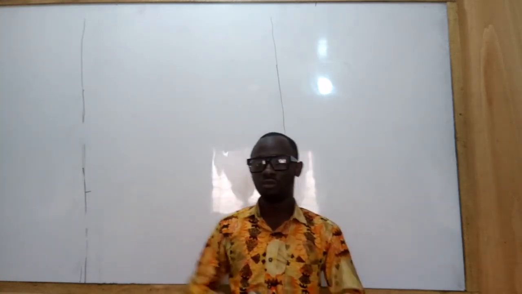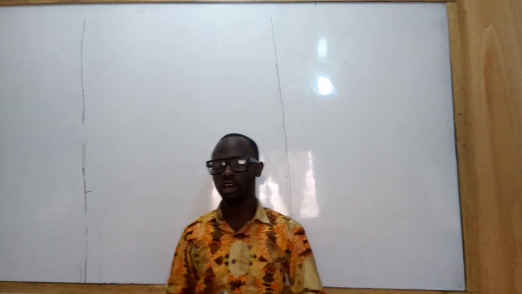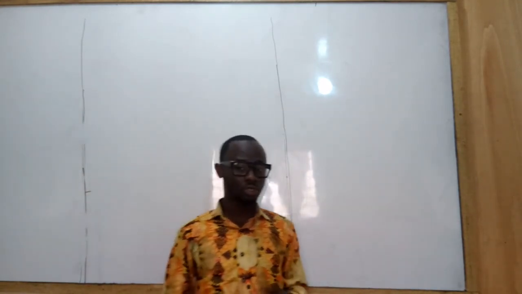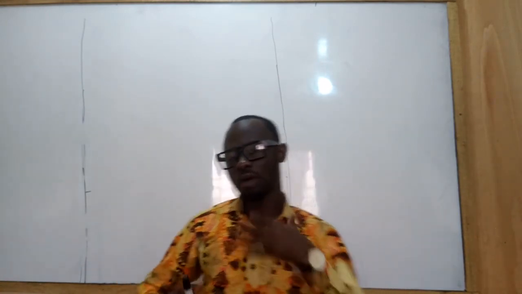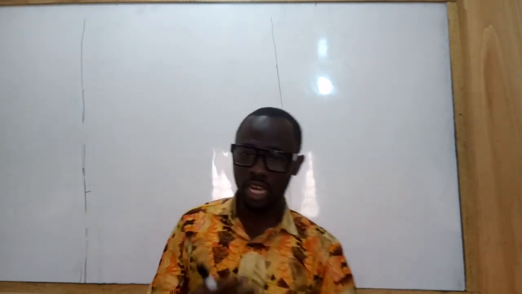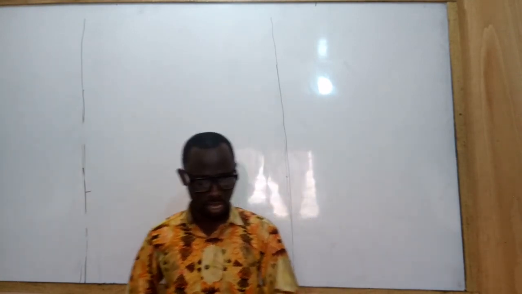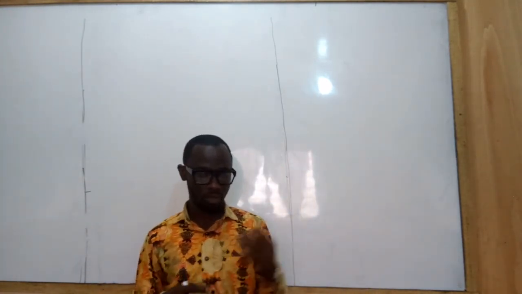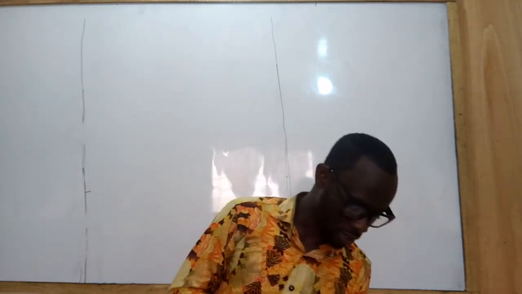From there you will take a full ICAG question and find out how we can calculate the corporate tax of a company, taking into consideration capital allowance, the issue about capitalization of expenses, and also finding out how we can determine the tax at the end of the year for the company. So that's what we want to cover in this video, and I'm hoping that this is going to be the final video for this topic.